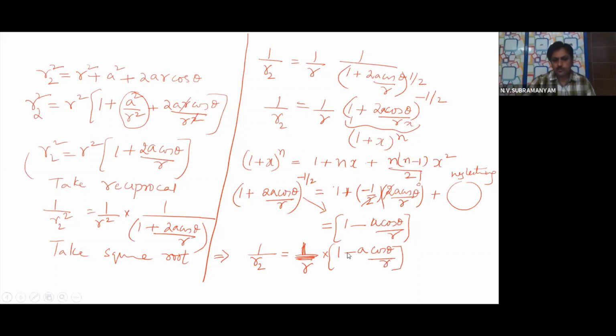So clear. So you don't need to remember all these things. You might be thinking, sir, should I do all this? I just gave you how to do it. You can directly substitute the 1 by r2 value when you are writing, 1 by r into 1 minus a cos theta by r. No need to think that it's a very lengthy derivation.